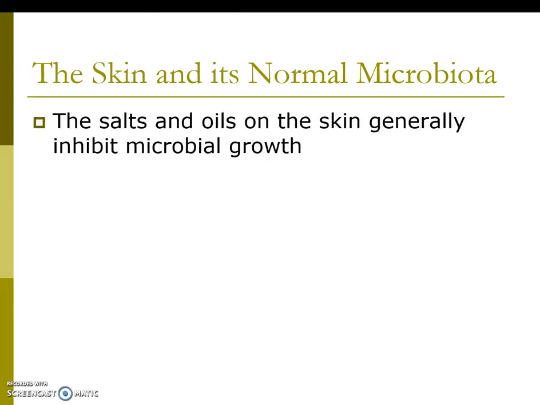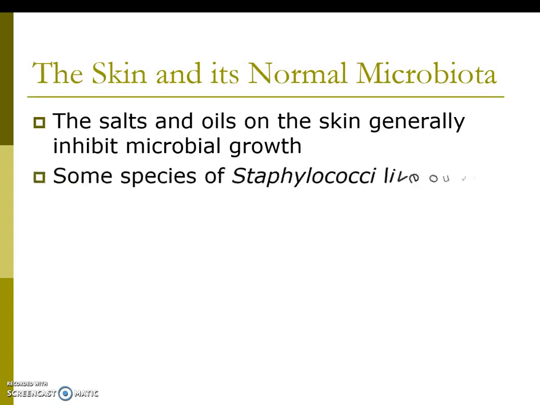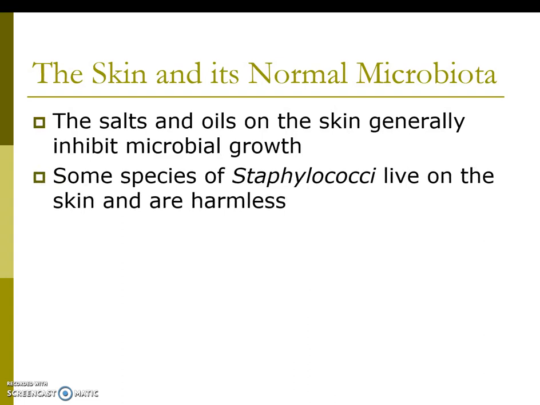The salts and oils on the skin inhibit microbial growth. We do have some species of Staphylococcus that live on our skin and are totally harmless. Some of them even help to keep the bad bacteria away. So it's an example of mutualism, where we give the bacteria a place to live and then they help protect us from the more dangerous bacteria.